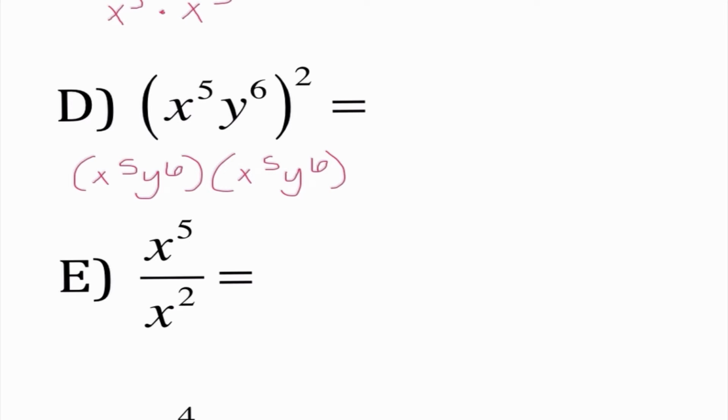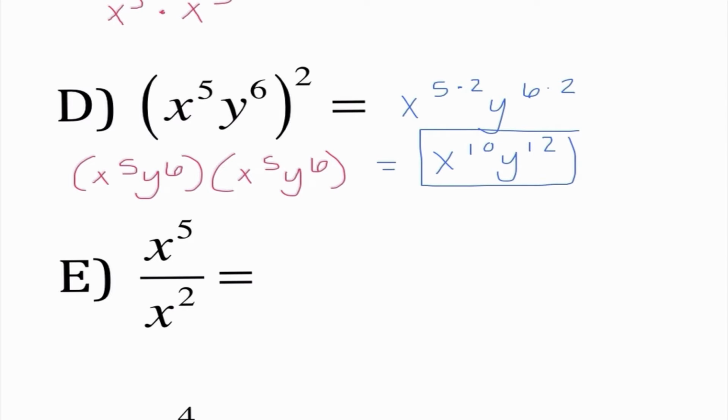So I'm really going to do x to the 5 times 2, y to the 6 times 2, and I would get x to the 10th, y to the 12th. So this is just like using our power of a power property, but it's showing me that if I have multiple things that I'm taking to the power, I need to take everything to whatever this exponent is.